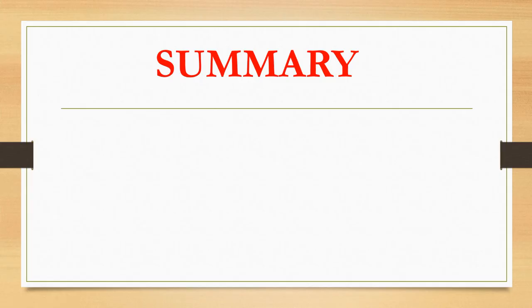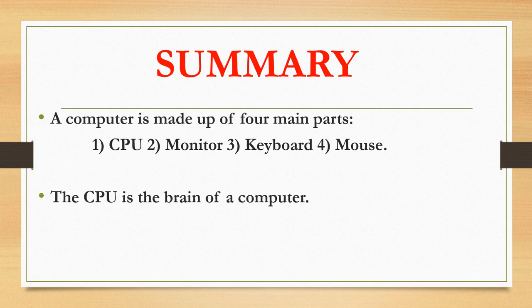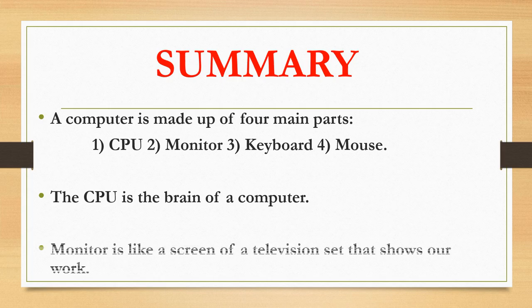Students, did you understand the video about parts of a computer? Now let's summarize the topic. A computer is made up of 4 main parts: CPU, monitor, keyboard and mouse. The CPU is the brain of a computer.